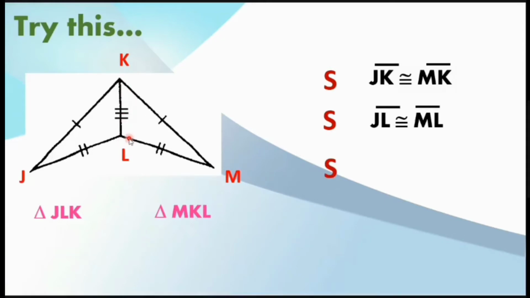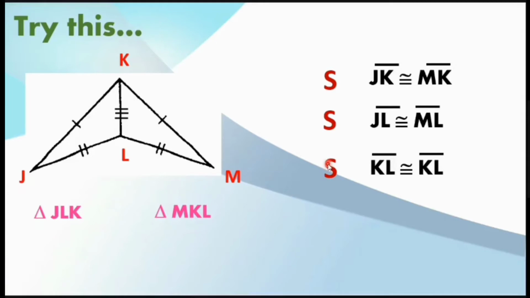So we have the third pair of corresponding sides: KL is congruent to side KL. And by the way, this is what we call the reflexive property of congruence, meaning this side here is congruent to itself. Tawag natin dyan ay reflexive property of congruence, wherein side KL is congruent to itself. So this time, we have three statements saying that the three pairs of corresponding sides are congruent.